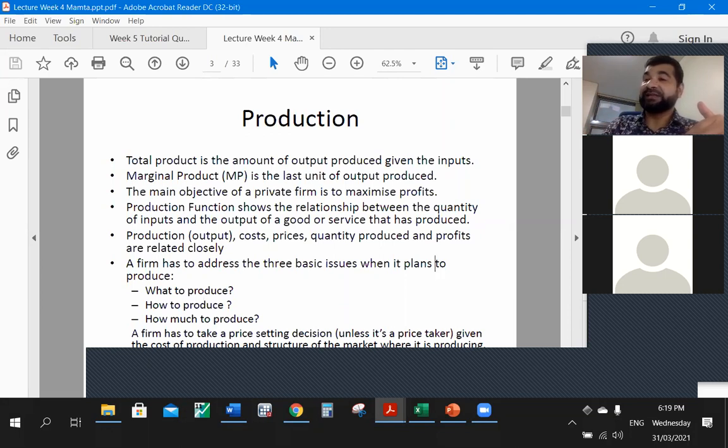Like I told you about the satisfaction level in drinking Coke or water, in the same way, when more people are working, we need to give them more workspace, more equipment, and more raw materials to work with.